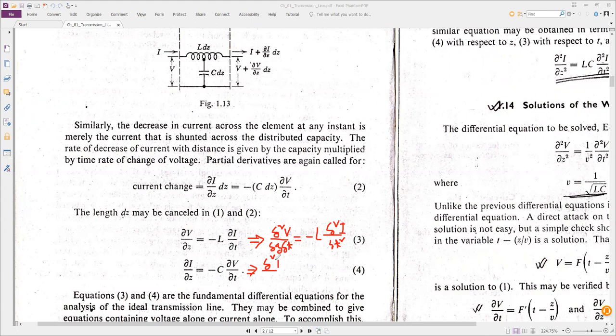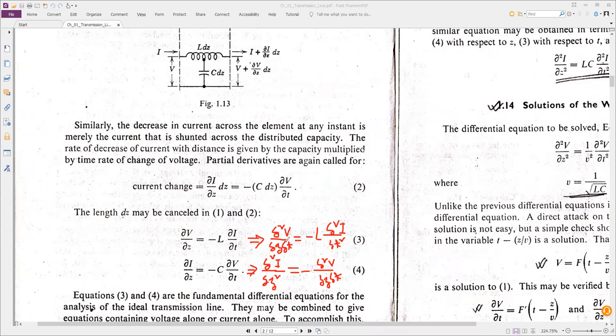Del squared I by del t squared. The second one with respect to distance, the first one with respect to time. Minus C del squared V by del z del t. Okay.